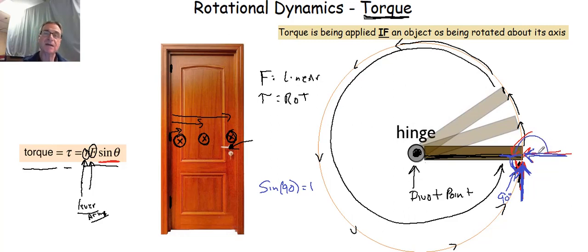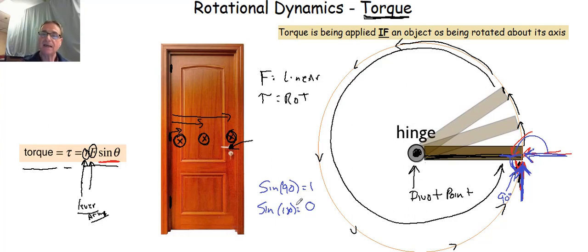The sine of 180 degrees is a big fat 0. So the sine of 180 is equal to 0. Am I going to get any torque out of that? I am not. It doesn't matter how big a force I push on it with, I'm not going to get any torque. And then of course there are angles all in between.